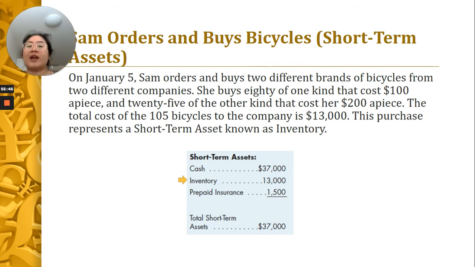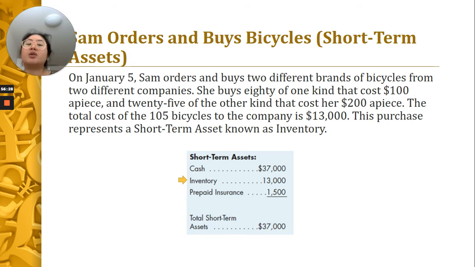On January the 5th, Sam orders and buys 2 different brands of bicycles from 2 different companies. Sam buys 80 of one kind that cost 100 a piece, and 25 of the other kind that cost her 200 a piece.